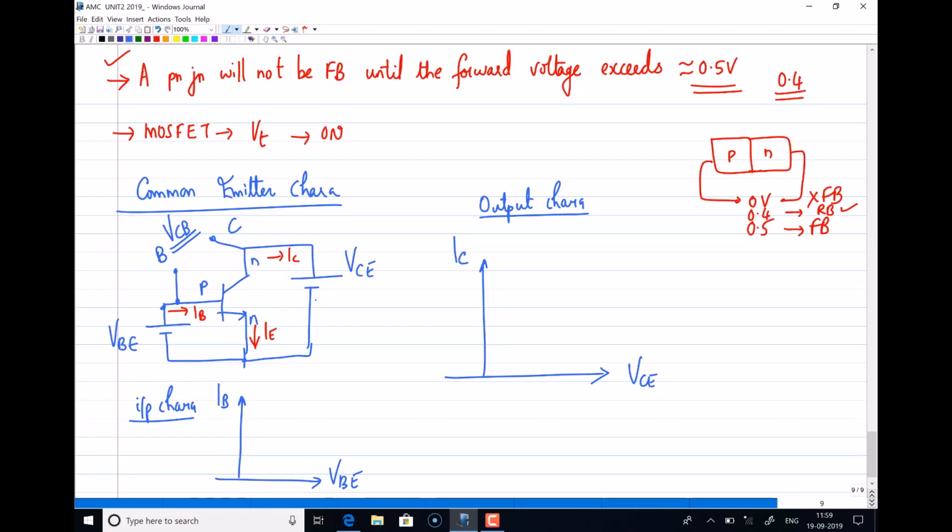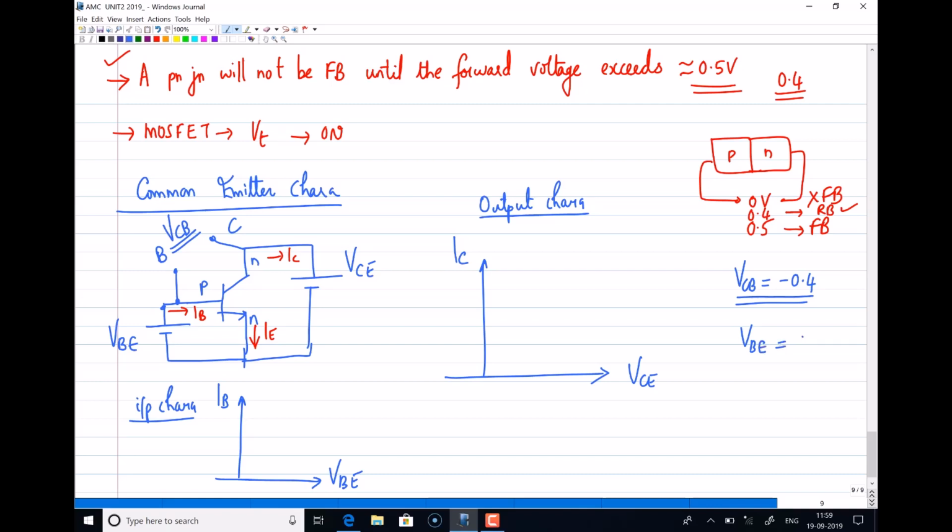Now if you look at the characteristic of this, I'll consider the previous case. We know that till VCB equal to minus 0.4, the PN junction is reverse biased, and when VCB crosses minus 0.4, the junction will turn on, or the junction becomes forward biased.